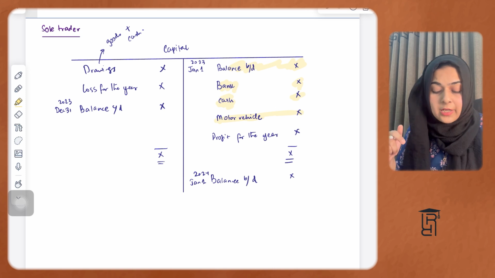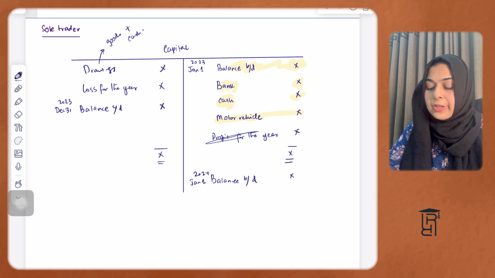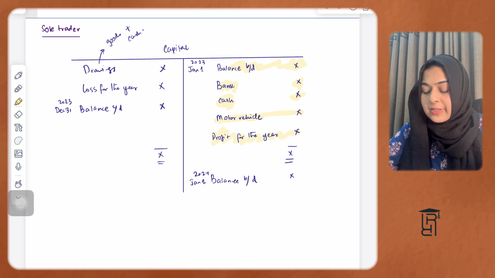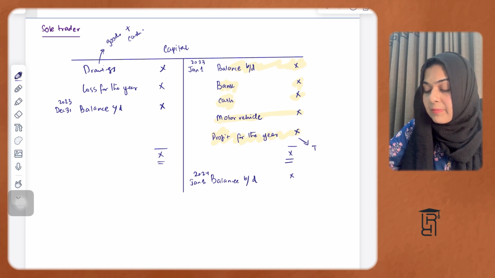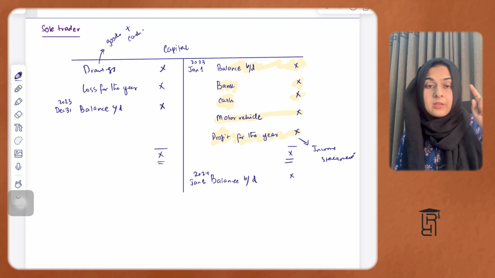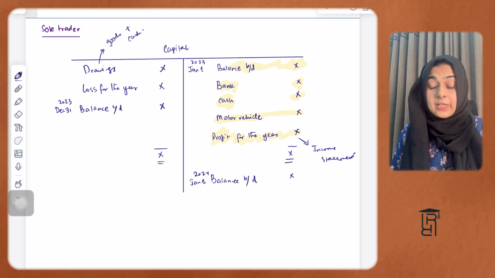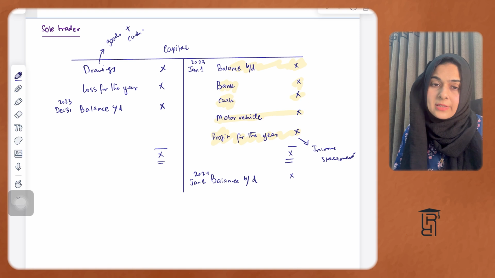During the year, whatever profit is made, you need to write it on the credit side of the capital account. So profit for the year is written on the credit side. In some marking schemes, they've written income statement, which means whatever profit we have made during the year, we transfer the income statement value into the capital account, because profit always increases capital.